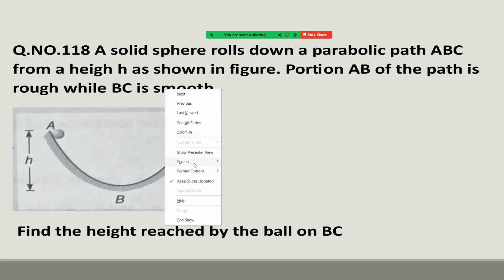AB rough, BC smooth. See diagram given. This is AB, remaining part BC. AB is rough and BC is smooth. Okay. Height is given H.